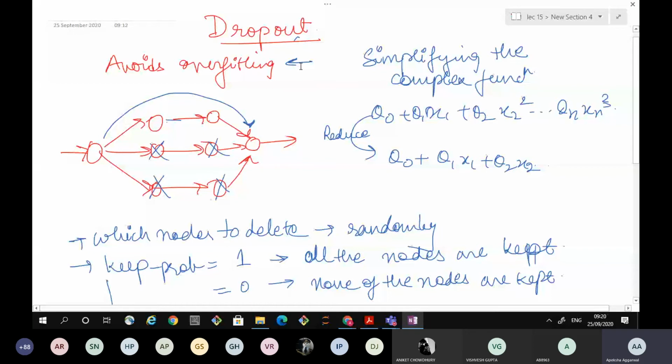If the first time this node is deleted, the second time it may be the first node or the second node that is deleted. So at every iteration we are selecting a random deletion of the nodes.